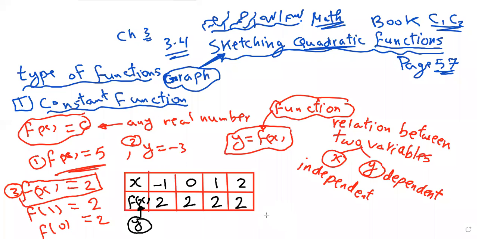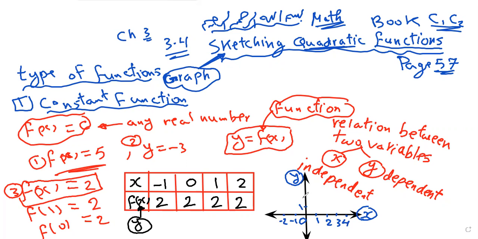Then you must know if you want to graph it, you will put your axis. Here is x-axis, here is y-axis. You can put here values for x: 1, 2, 3, 4, here is 0, -1, -2.